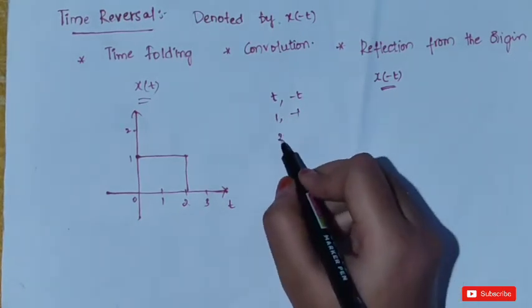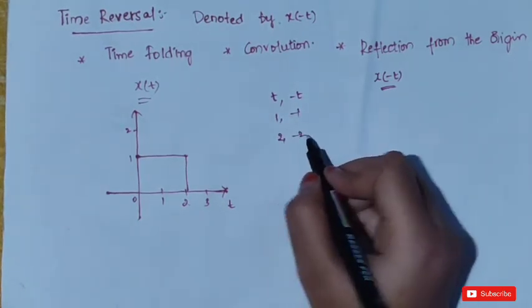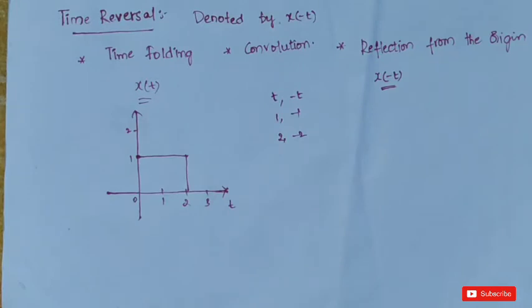If the t value is 2, the minus t value is minus 2. That is the change that we have to do. Here t is nothing but the samples, not the amplitude or anything. T indicates the samples of the signal. In a discrete time signal it is n, but in a continuous time signal it is t.